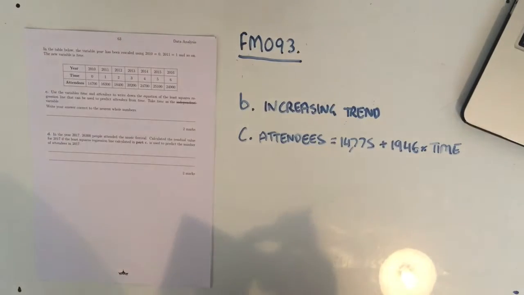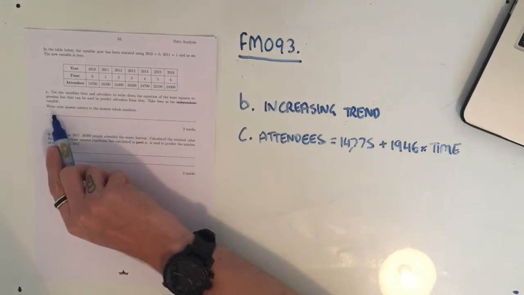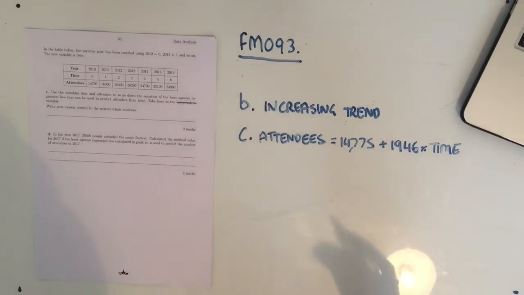So that's my model there. That's question C. And I've left these as whole numbers because that's exactly what the question asked me to do. It says write your answer correct to the nearest whole numbers, so I've just rounded these to the nearest whole numbers.